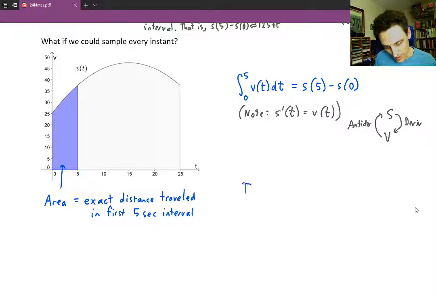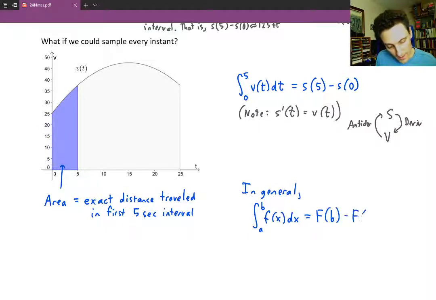So we can say that in general, the integral from a to b, the start of your interval to the end of your interval, of f of x dx is big F of b minus big F of a, where big F is an antiderivative of little f.